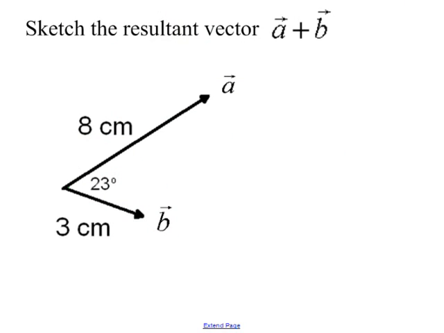Another problem, very similar. It wants us to sketch the resultant vector of a plus b. So basically all I'm going to do is take vector b here and trace it. And then place the tail of b on the head of a.